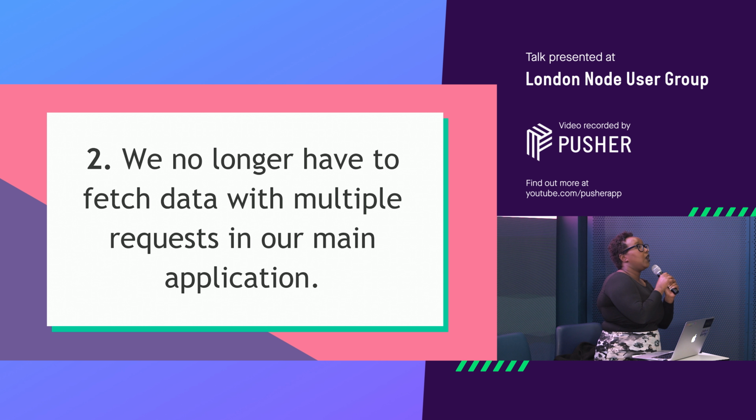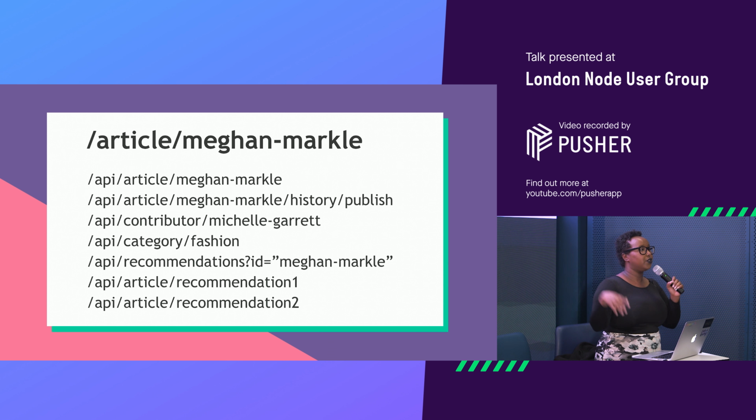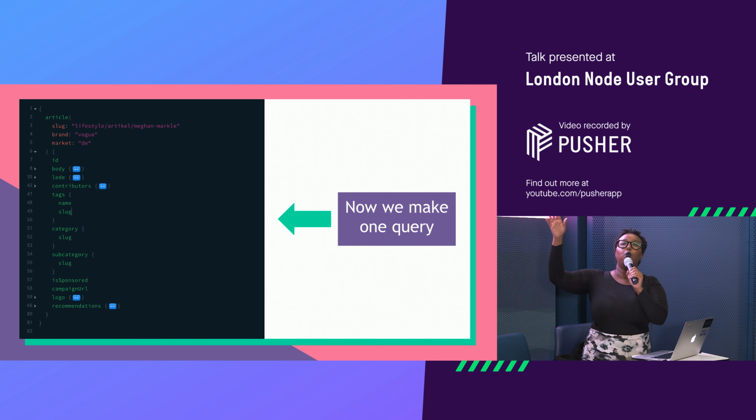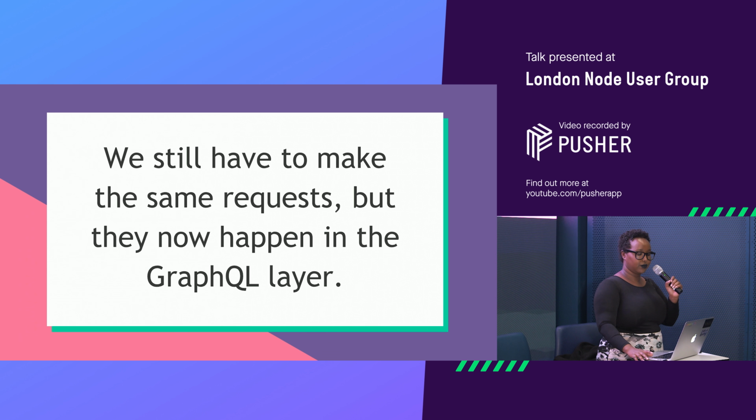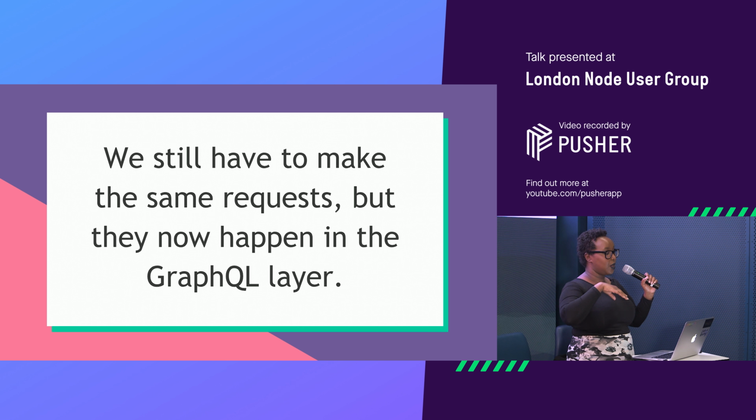Another great thing that we found with GraphQL is that we no longer have to fetch data with multiple requests in our main application. If you remember the Meghan Markle article and that chain of requests we had to make, now we just make one query. We still have to make the same requests, but they essentially move to our GraphQL layer.